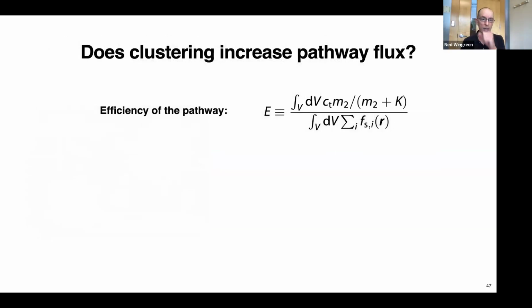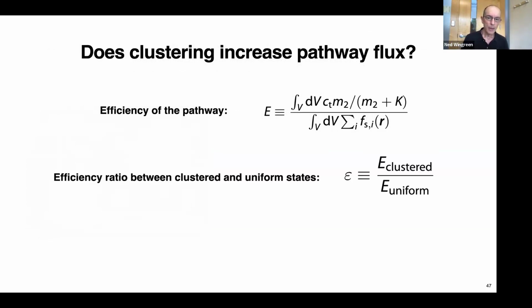We can actually calculate the efficiency of the pathway, how efficient the production of product is compared to the overall production of the substrate. And we can quantify that by how much better this is if you're clustered than if you're uniform.